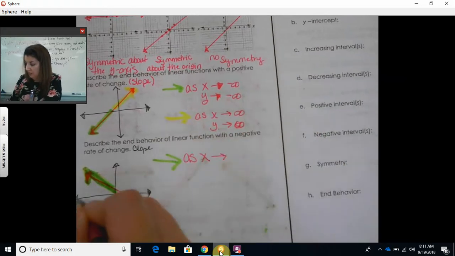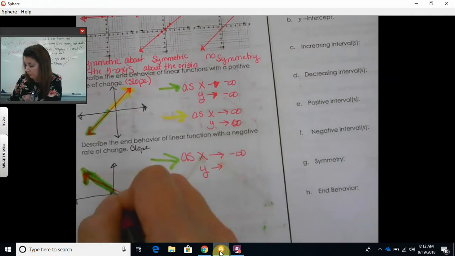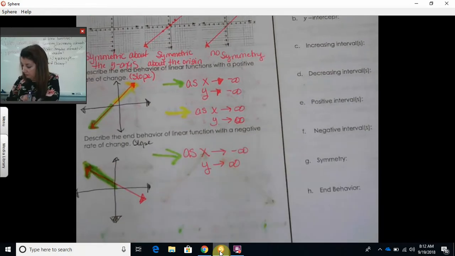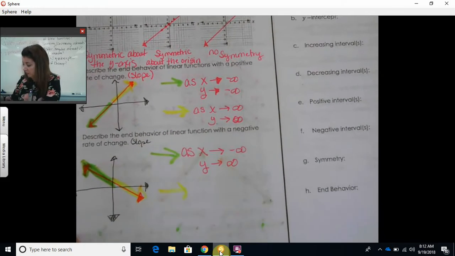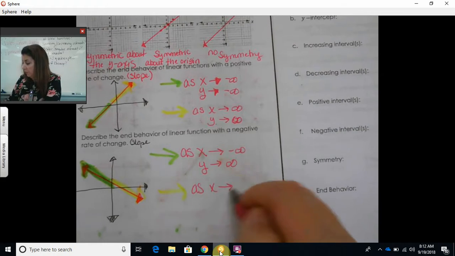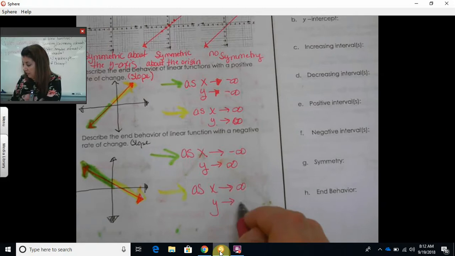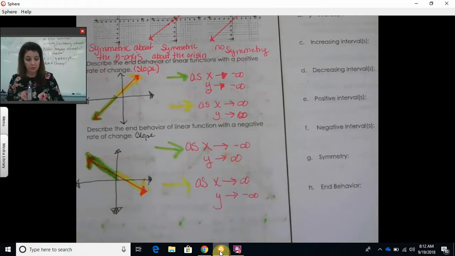When it's going to the left, x is going to negative infinity. As y is going to where? Positive infinity. On the right side, x is approaching what? Positive infinity as y approaches negative infinity. Everybody cool with that? That's totally a review.